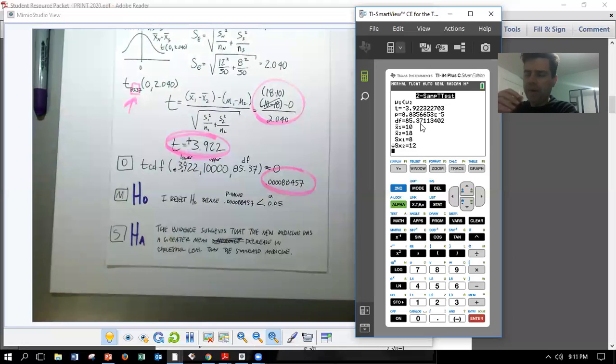Let's talk a little bit more about it here. What would we expect to see if we did a confidence interval instead of a significance test? So I'm going to go over to tests, and I'm going to go to 2-sample t interval. And what's nice is the data is still in there.